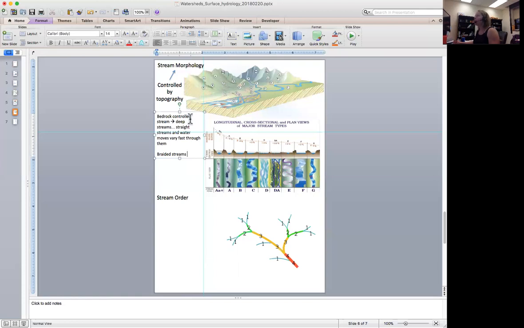But they're still high enough in terms of their velocity to move gravel, but still slower than our bedrock controlled or straight streams.